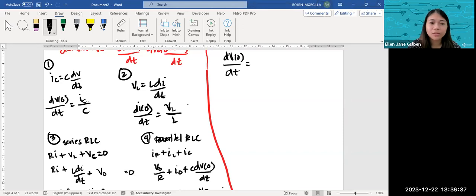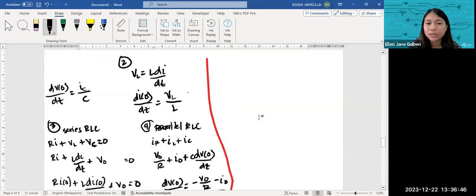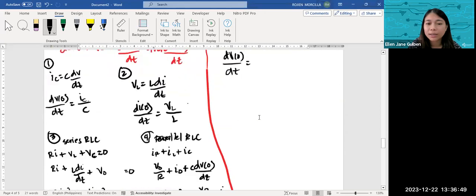Looking at the other components, I guess we have all the components. Then we can apply it. Okay.